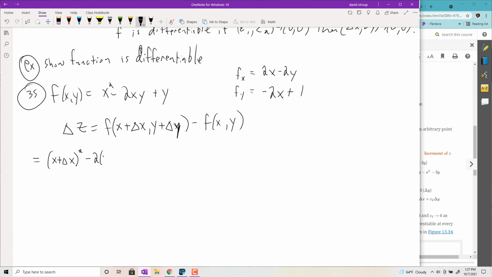So minus 2 times x plus change in x, times y plus change in y, plus y plus change in y, and then minus f of x, which is x squared minus 2xy plus y. FOIL, x squared plus 2, FOIL again.